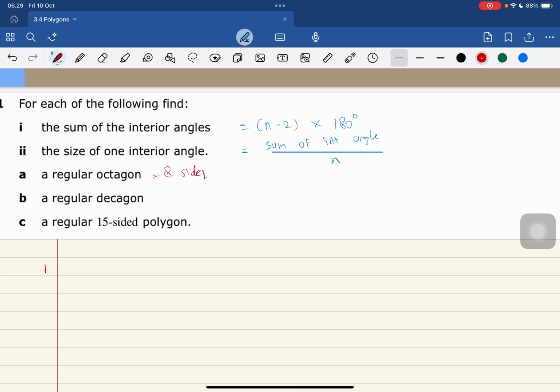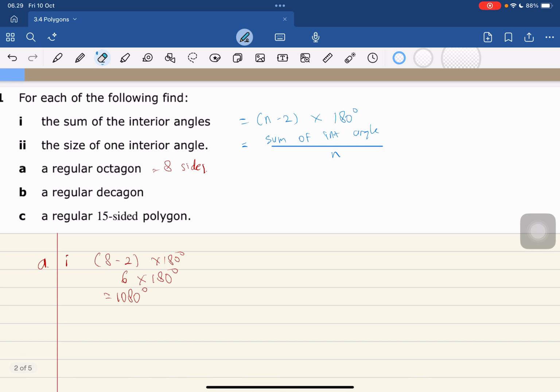So let's find the sum for an octagon first. n is 8 sides, minus 2, times 180. So this is 6 times 180, which equals 1080. This is the sum of interior angles.